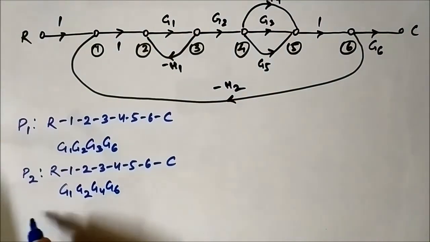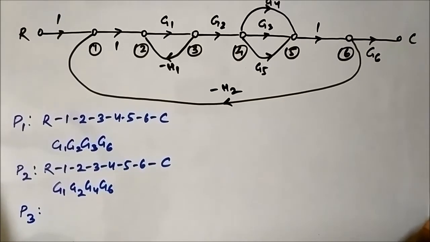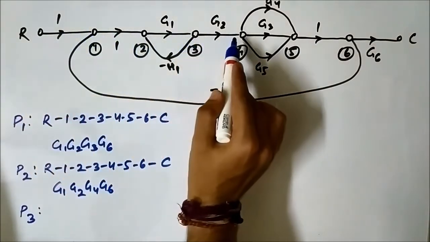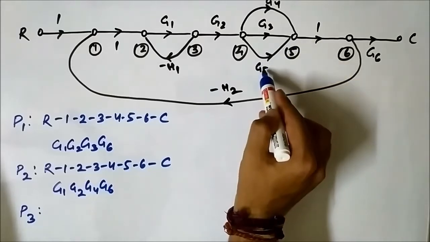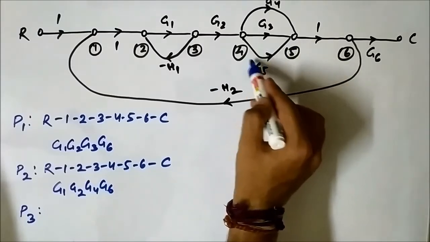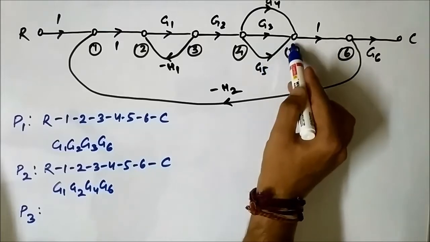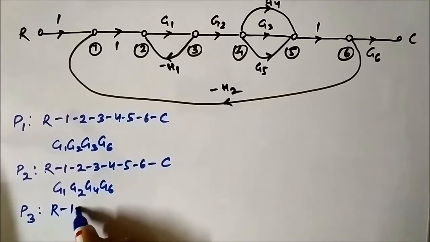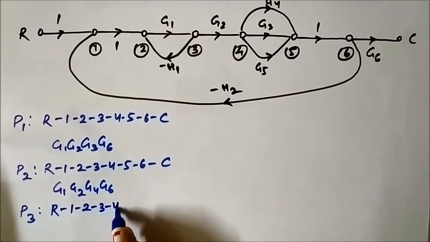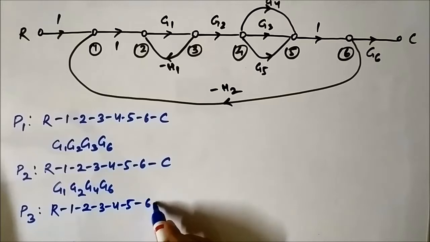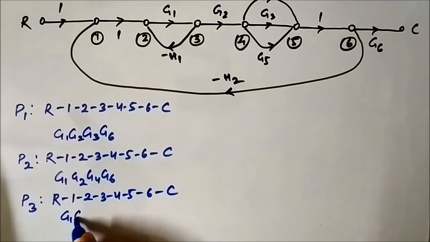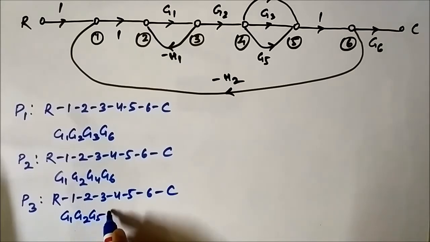Next, forward path number 3. Same until 4, that is R to 1 to 2 to 3 to 4, but here we move along the lower forward branch G5. Then 5 to 6 to C. The nodal representation will be the same as P1 and P2, but the gain will be different: G1, G2, G5 and G6.